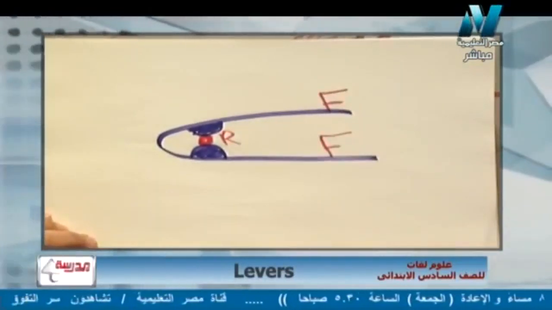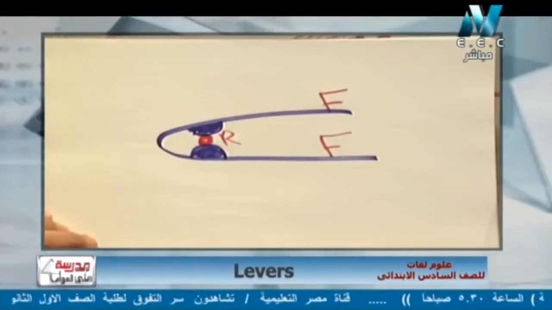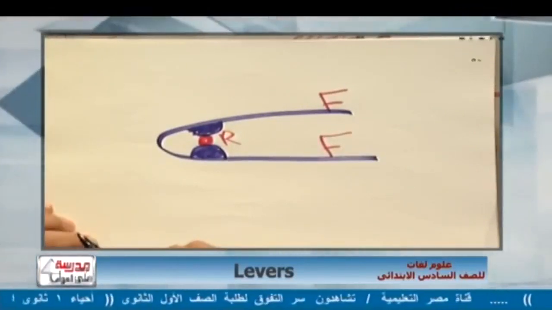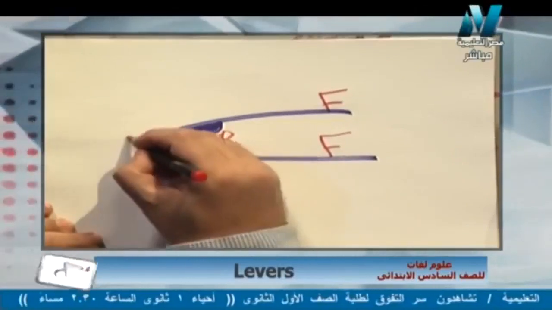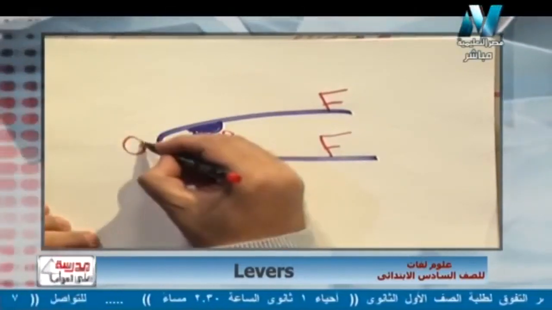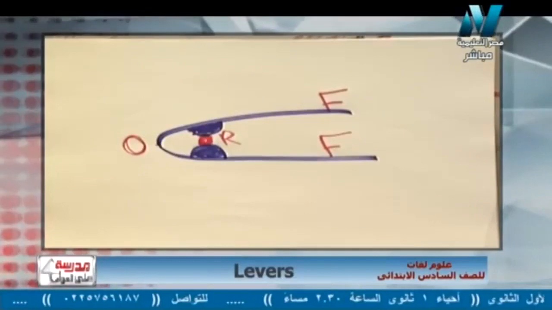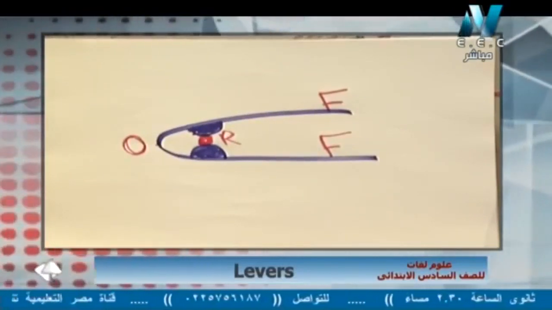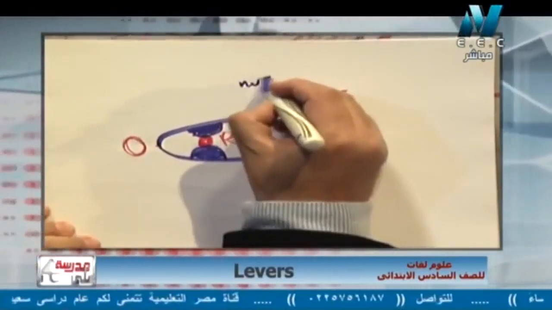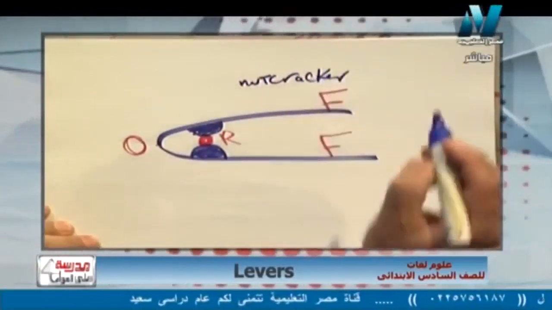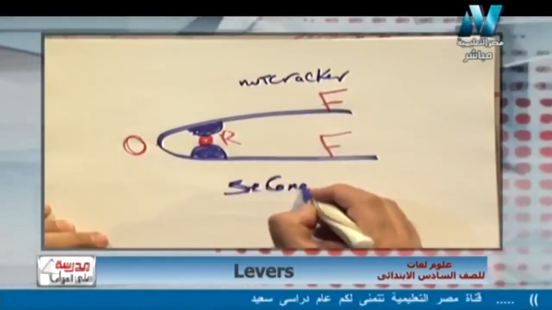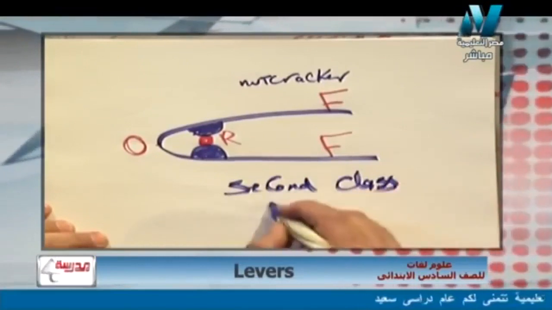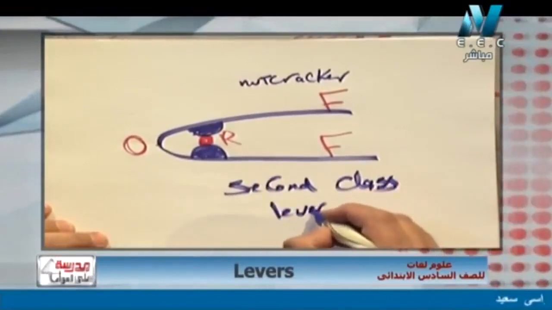So they are two levers at the same time. Here will be the effort force, and the fulcrum is at the O. So what type of lever is the nutcracker? Surely the nutcracker will be the second class lever. Why?